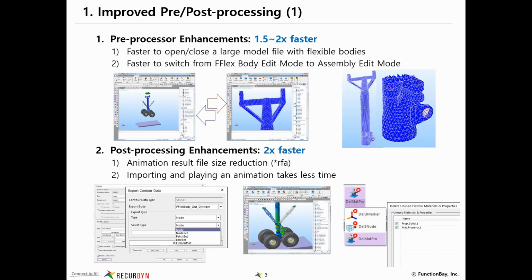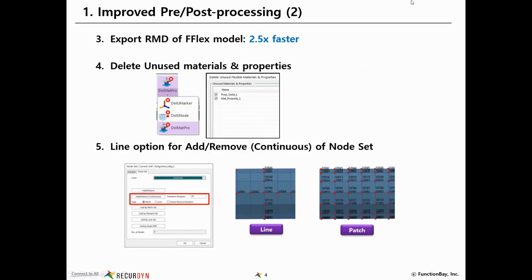We'll talk about that a little bit more later. And also, when you're importing and playing an animation, that can run much faster in V9R3 compared to V9R2. And along those same lines, the export of the RMD file of the full flex model can happen about 2.5 times faster in V9R3 compared to V9R2.